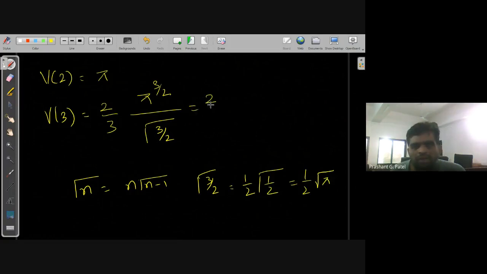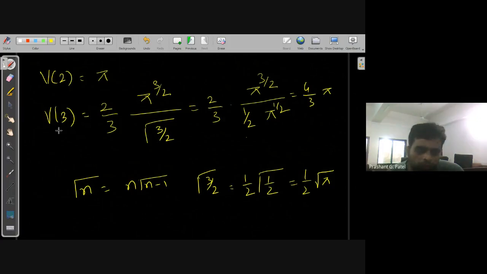So this is 2 by 3 into pi raised to 3 by 2 upon 1 by 2 into pi raised to 1 by 2. Sorry, the 1 by 2 is in the denominator, so it goes to the numerator. So that is 2 into 2, which is 4 by 3, and pi raised to 3 by 2 over pi raised to 1 by 2 leaves only pi. So it is 4 by 3 pi. That is the volume. In a similar manner, you can check for the surface area.